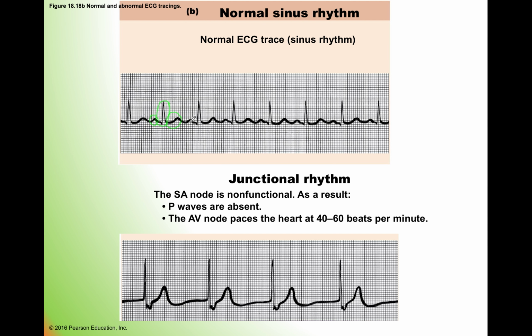If you follow P, QRS, T, P, QRS, T, P, again QRS, T, everything is 1-to-1 ratio, and you get about 70 beats per minute for this normal ECG. Again, this is an average number.